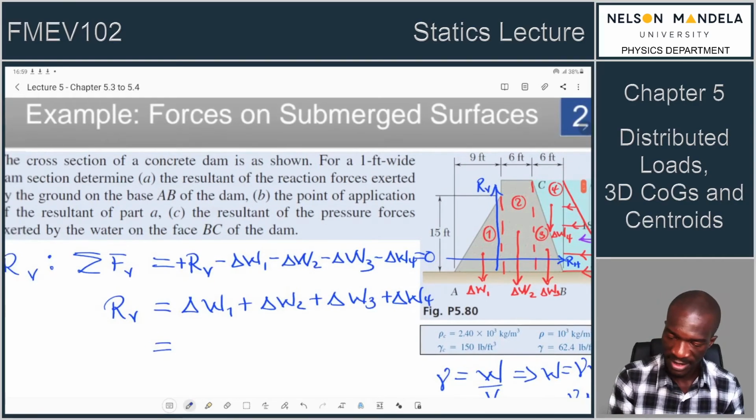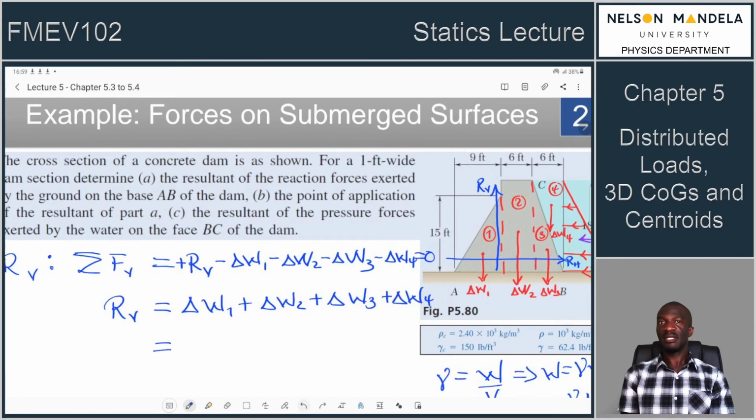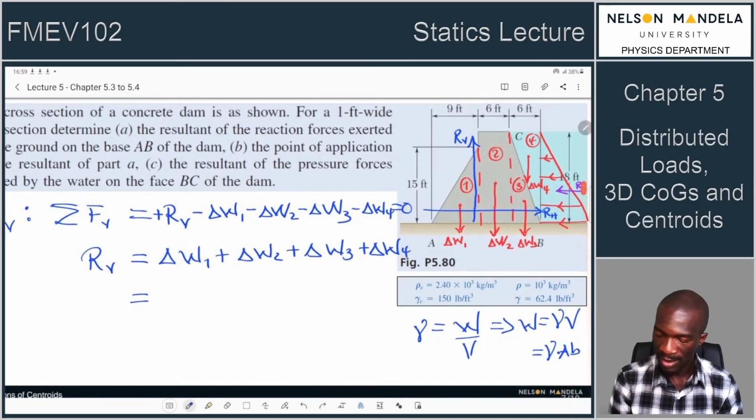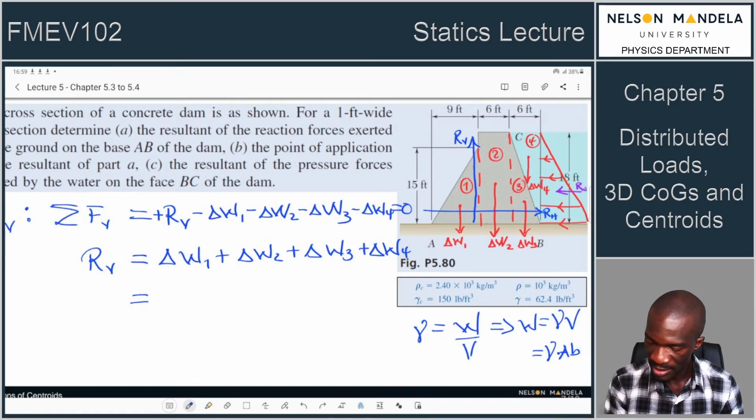They even said a 1 foot wide section of the dam. Right, so now we're happy. We can see the dam wall, we can see its area, and we now know how to determine our weights. So let's look at the first weight element, delta W1.